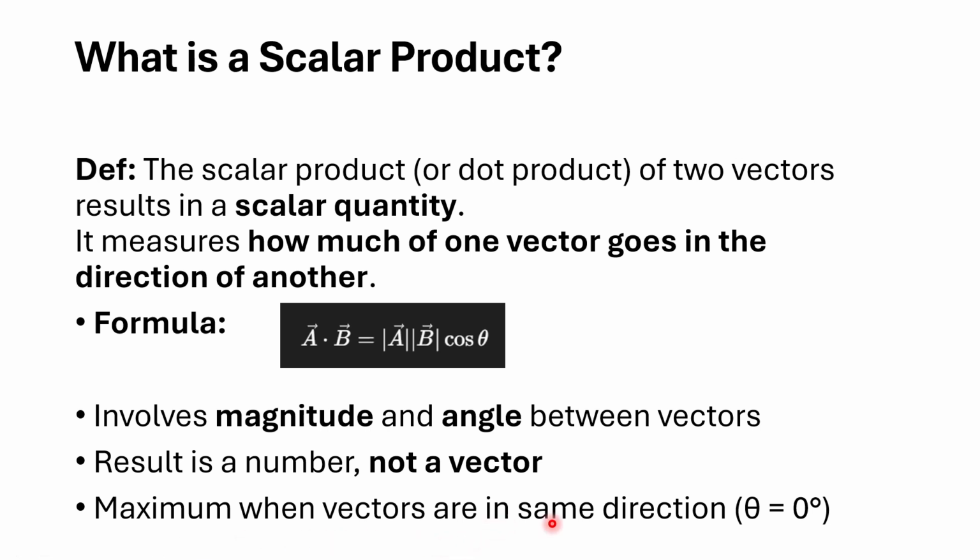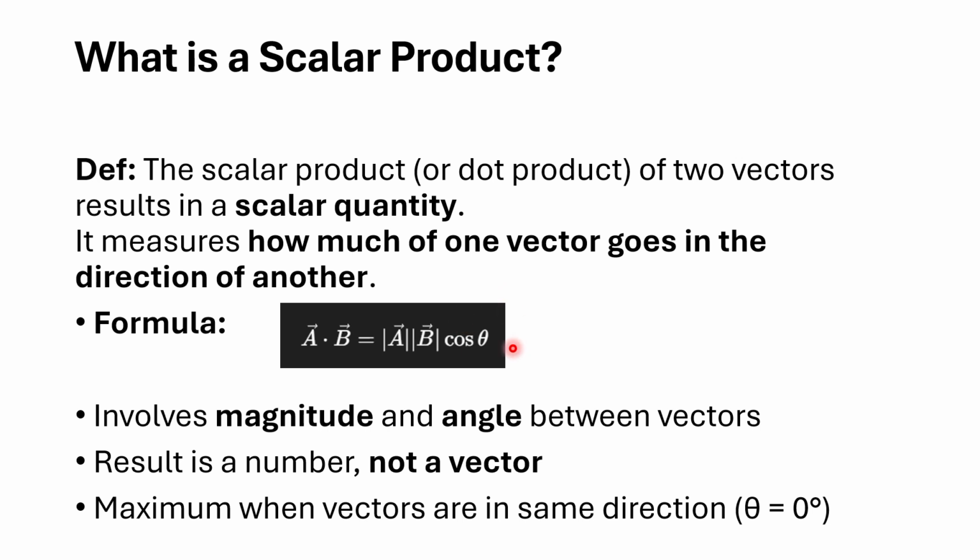The result is maximum when vectors are in the same direction. That means that if A is moving in this direction, B is also moving in this direction, so the angle between these two vectors will be 0.